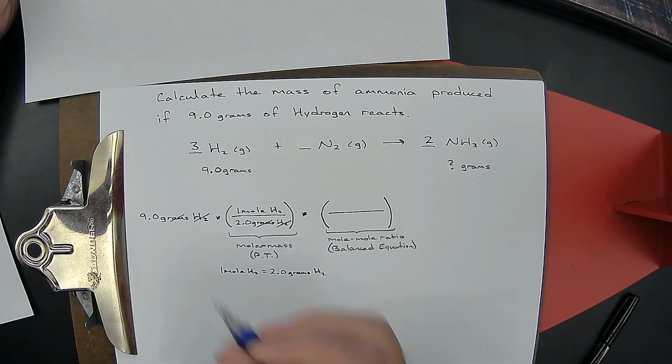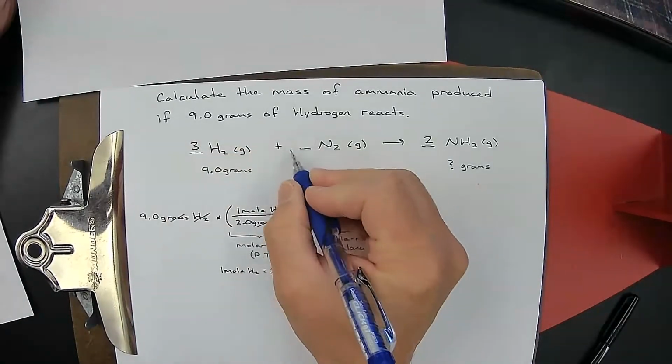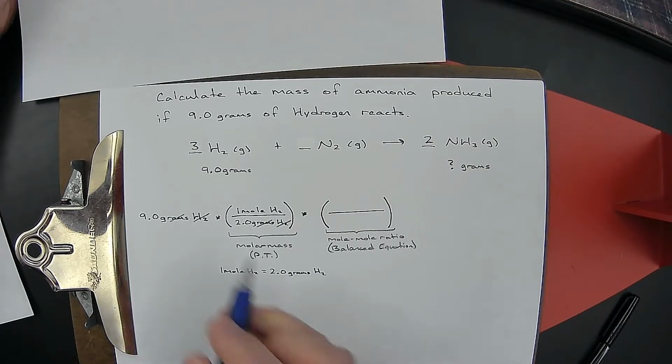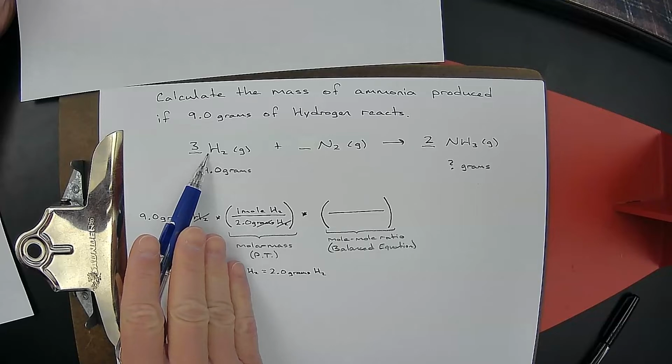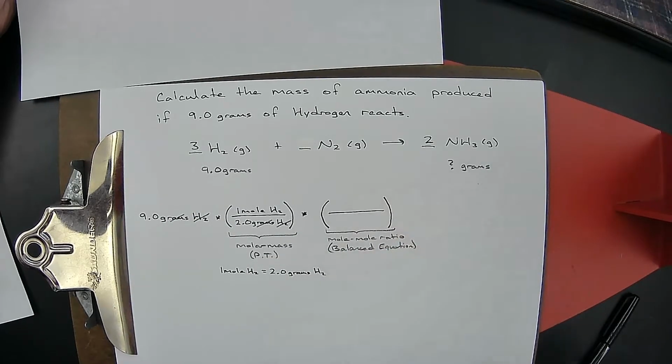In a previous example, we looked at these coefficients as the number of moles. Well, what ratio are we going to be looking at? We're going to be looking at the one that's given to the one that we're looking for.